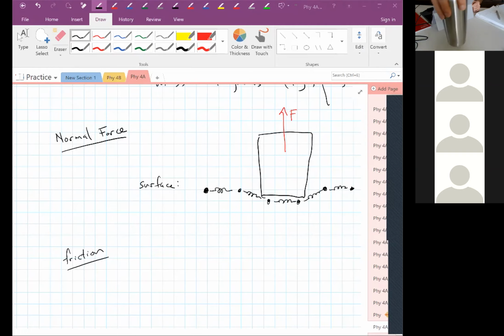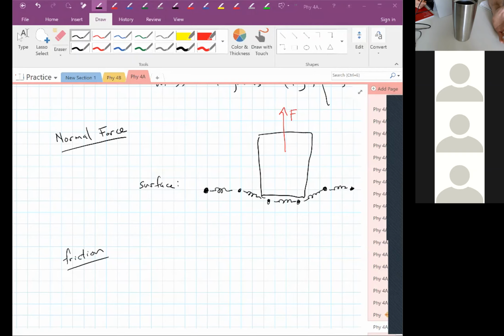So what would I do with that coffee mug? We've got our coffee mug here, and it's sitting on the table. Nothing is pushing on it, right? So is there a friction force acting on our coffee mug now?